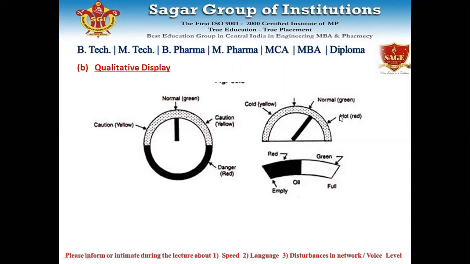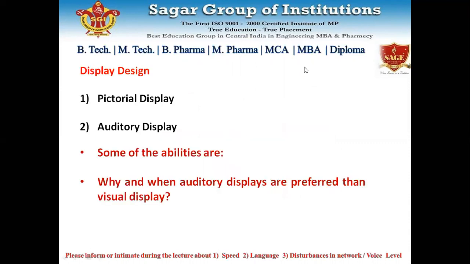In addition to quantitative and qualitative displays, we have some other displays for a specific or special purpose, but these are not the most commonly used. Those are pictorial displays and auditory displays. Let us see what they are.